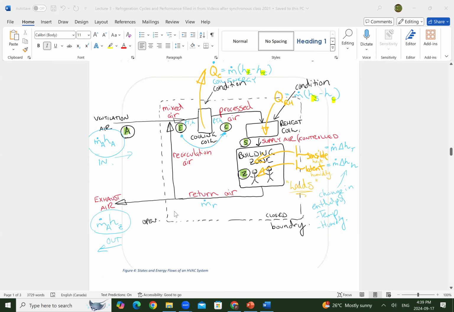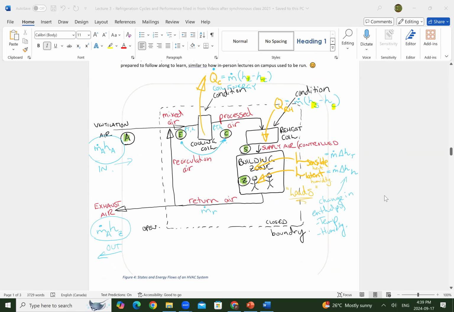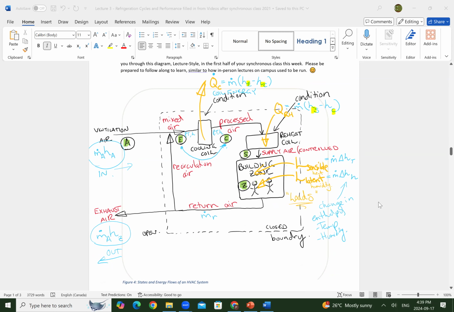So what I've drawn here is the typical HVAC system again. I just don't have the ventilation that we typically draw on an HVAC system. But this looks confusing, so let's actually just work it out.